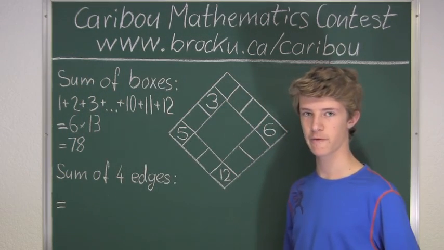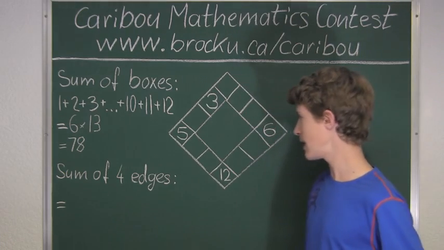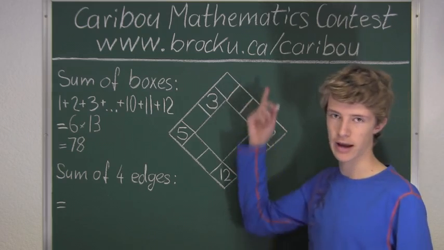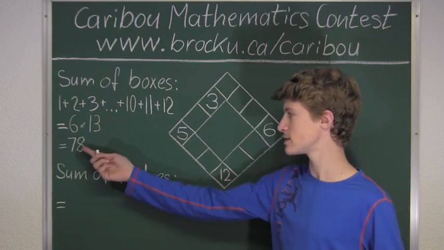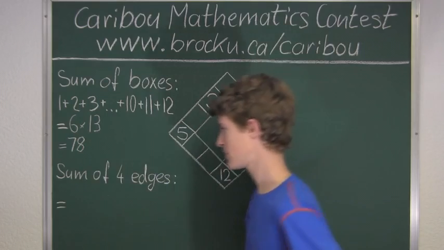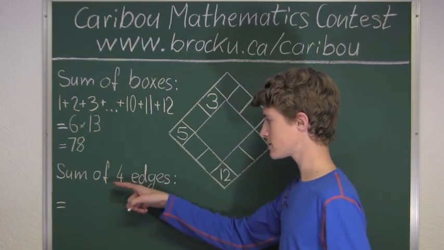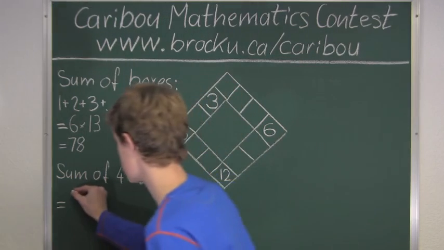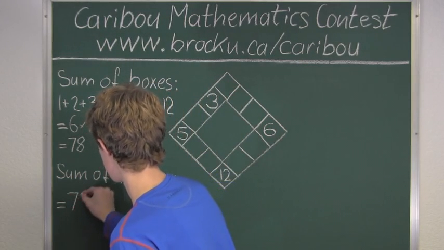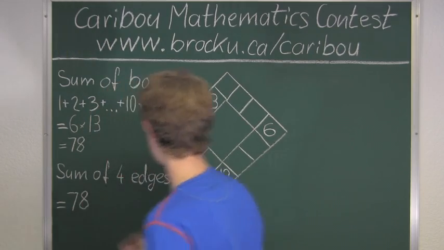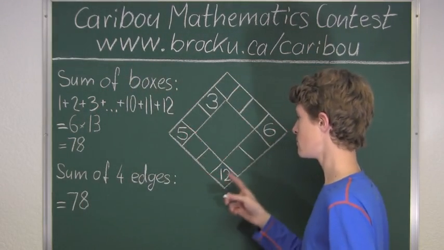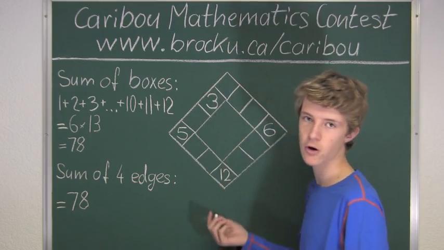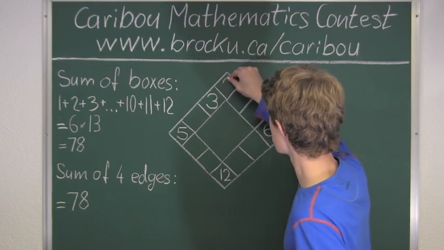Like I mentioned before, we would also have to add 5, 12, 6, and whatever number that is, one more time towards 78. So now we would look here, sum of four edges. We know that we already have 78, and then we would have plus 5, plus 12, plus 6, and plus this, which we will call question mark for now.